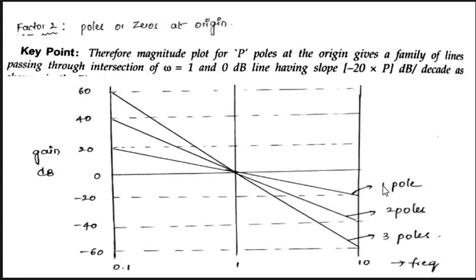That means single pole. If another decade is there, it starts at minus 20 and again decreases by 20, minus 40, and so on like that.